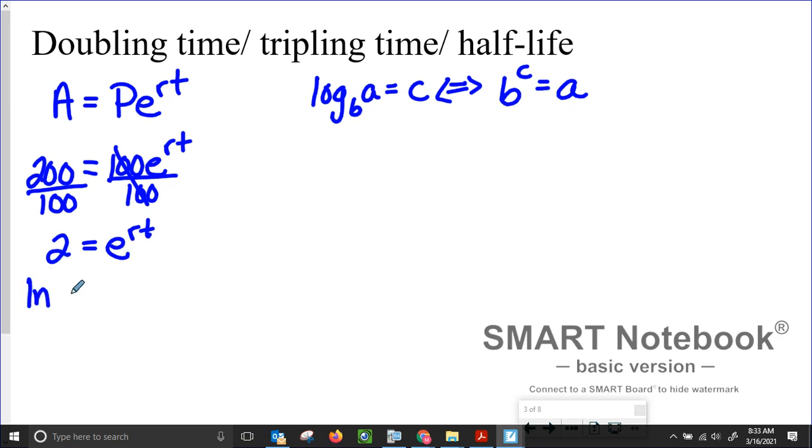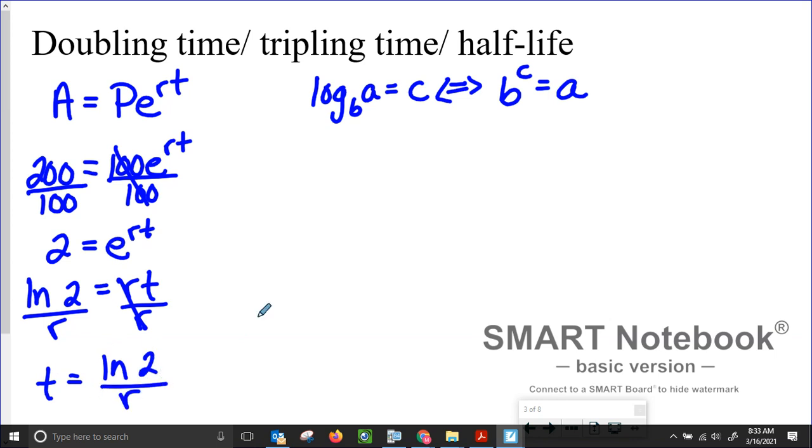Remember, log base e is just ln. And then this will be RT. Well, if I'm trying to solve for t here, all I have to do is divide both sides by r, and I'm done. So t is equal to ln of 2 divided by r.